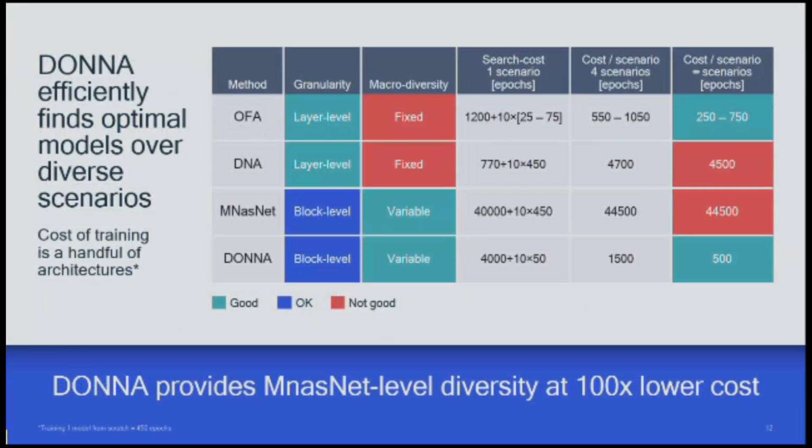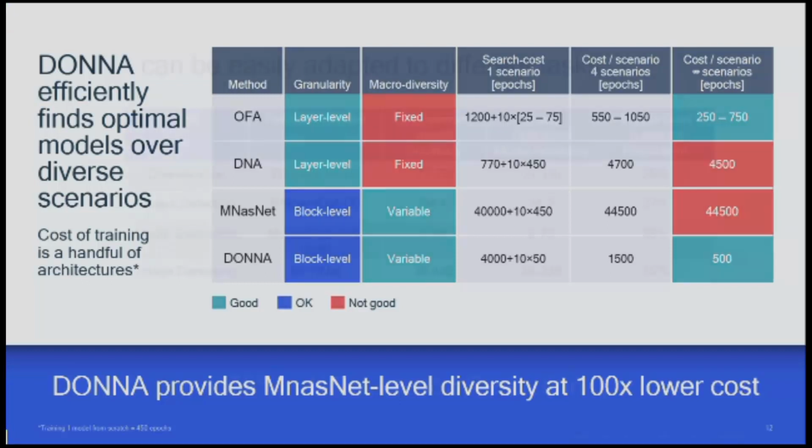Comparing to previous works like once-for-all networks, DNN, and MNasNet, we show that DONNA can provide block-level granularity, a much more diverse search space, and also a considerably good search cost that can be easily reproduced by end users.